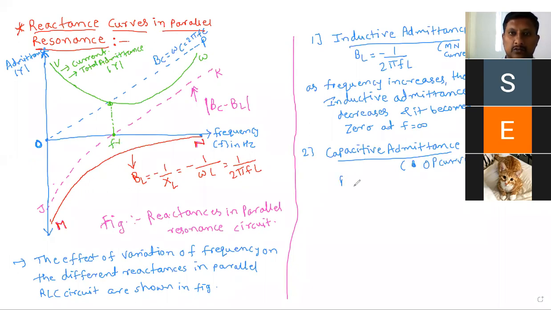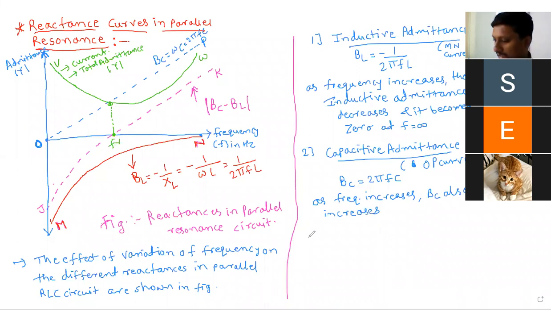So BC is equal to 2 pi fC. As frequency increases, BC also increases. Next one, the third one, the net admittance.